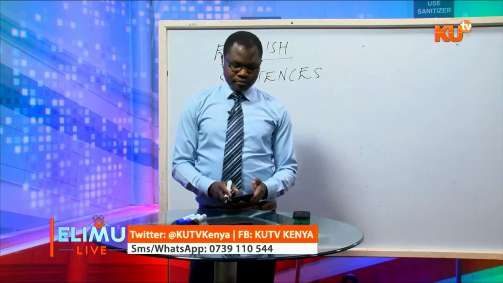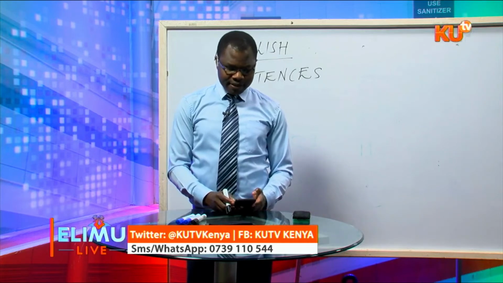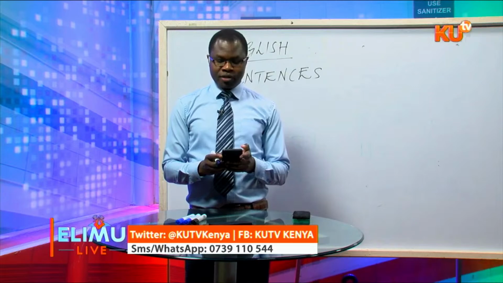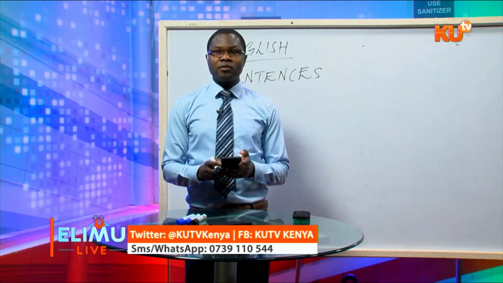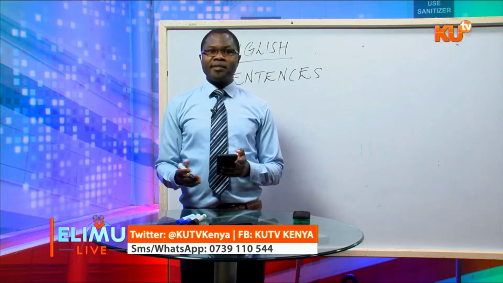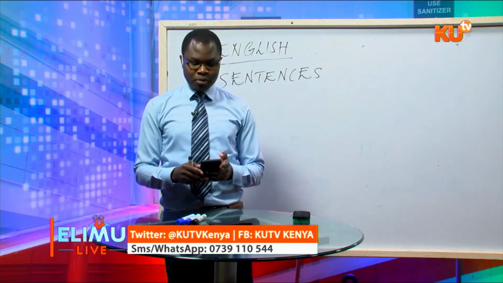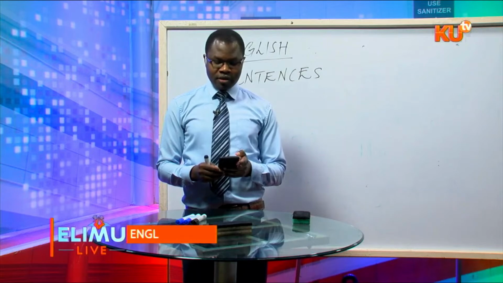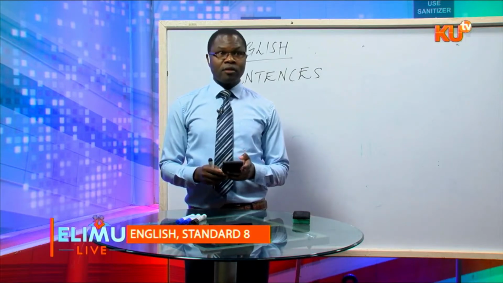So a sentence is a group of words that expresses a complete thought. Whenever you use a sentence, there is that expression of a complete thought. And sentences always have a subject.